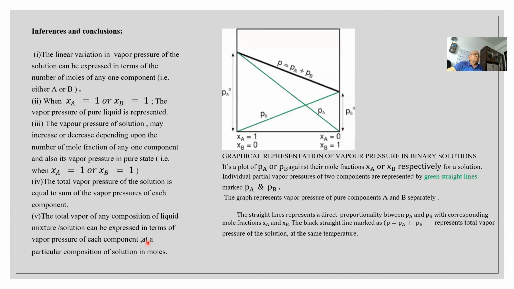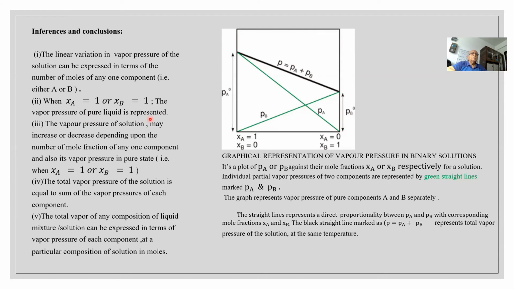Now, here are certain conclusions out of what we have done. There is a linear variation in the vapor pressure of the solution in terms of the number of moles of component. Whatever we have discussed is here. When XA is equal to 1 or XB is equal to 1, the vapor pressure of the pure liquid is represented.